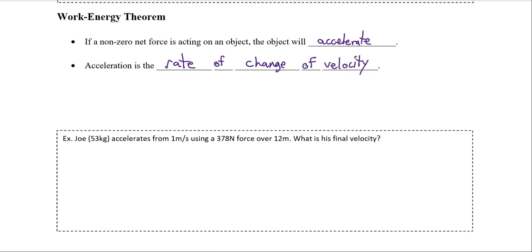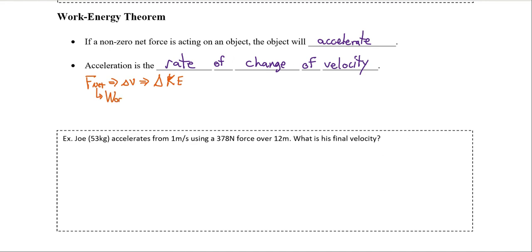So what this means is if there's a net force, that means there's a change in velocity. And as we saw, kinetic energy relates to the velocity, so this means there's a change in the kinetic energy.